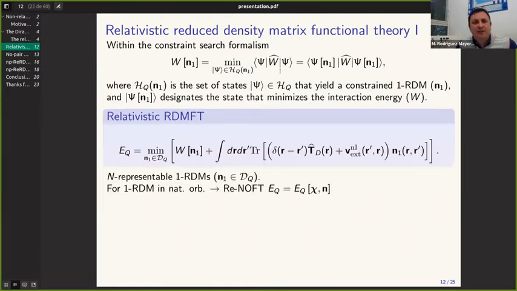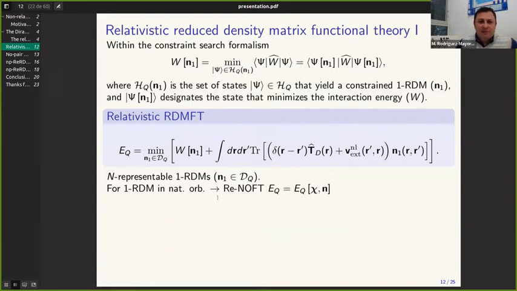And then we can use this functional to introduce relativistic RDMFT, where we will just minimize among all representable first order density matrices. This domain will need to be specified at some point. But now we have our electron-electron interaction terms, or fermion-fermion interaction terms, that will be here, and all one-body interactions that are accounted for by this term.